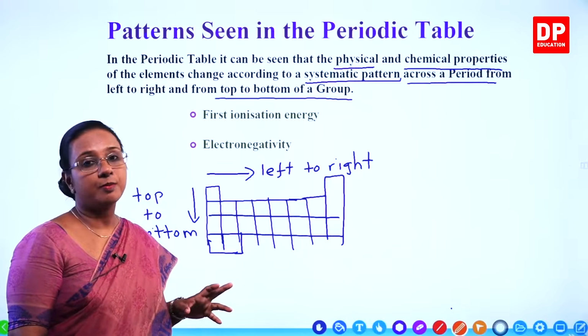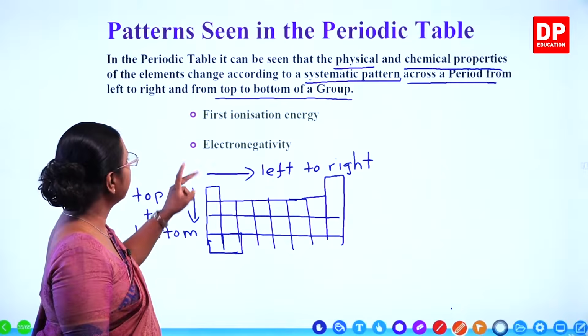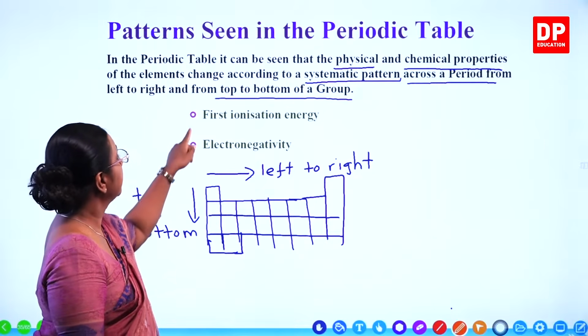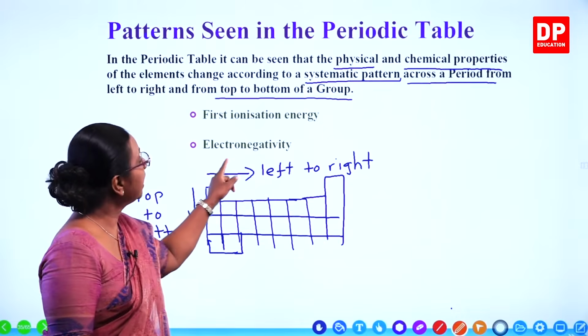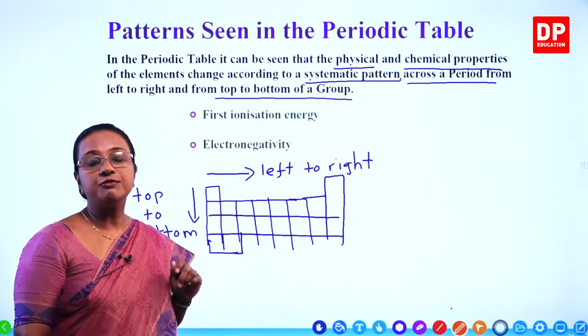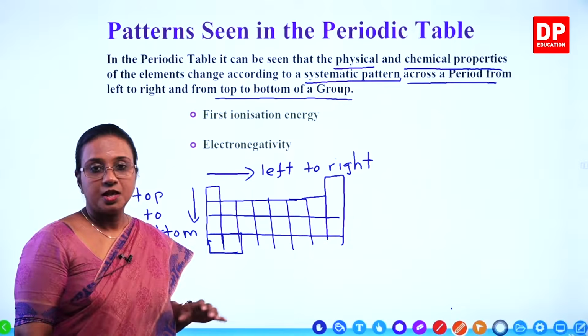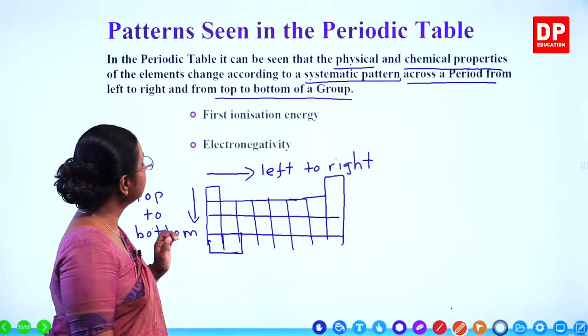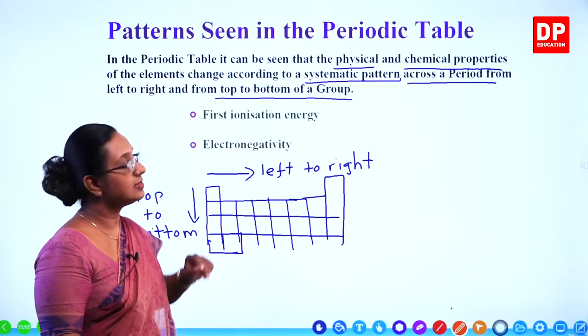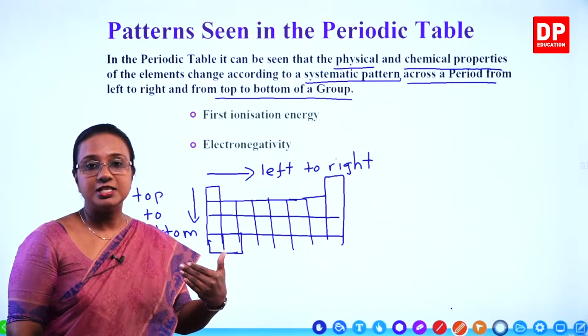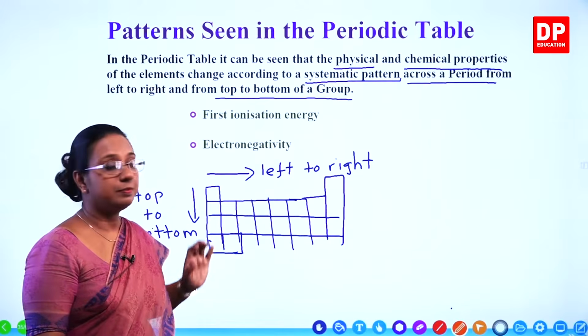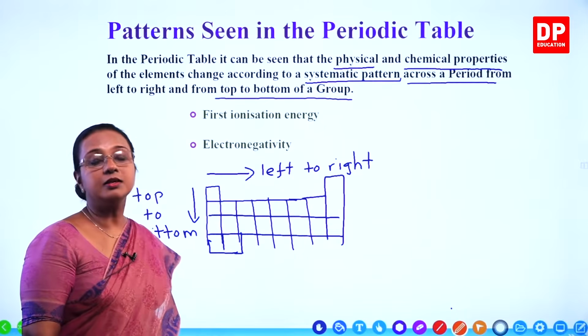Out of those properties, we will be looking at 2 properties. The first, ionization energy and electronegativity of elements. We will first discuss what ionization energy is and then how it changes along the period and down a group.